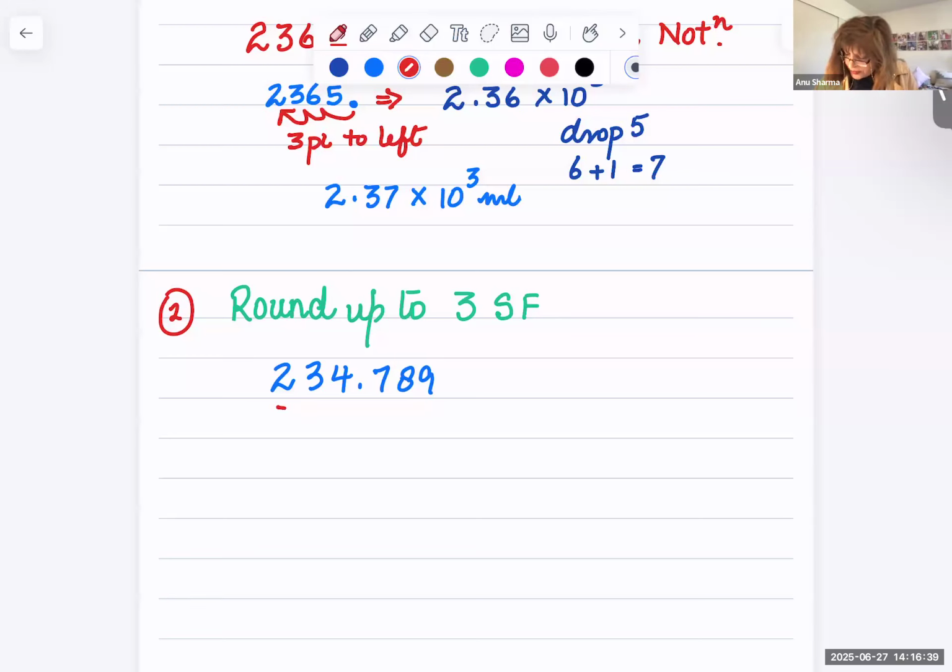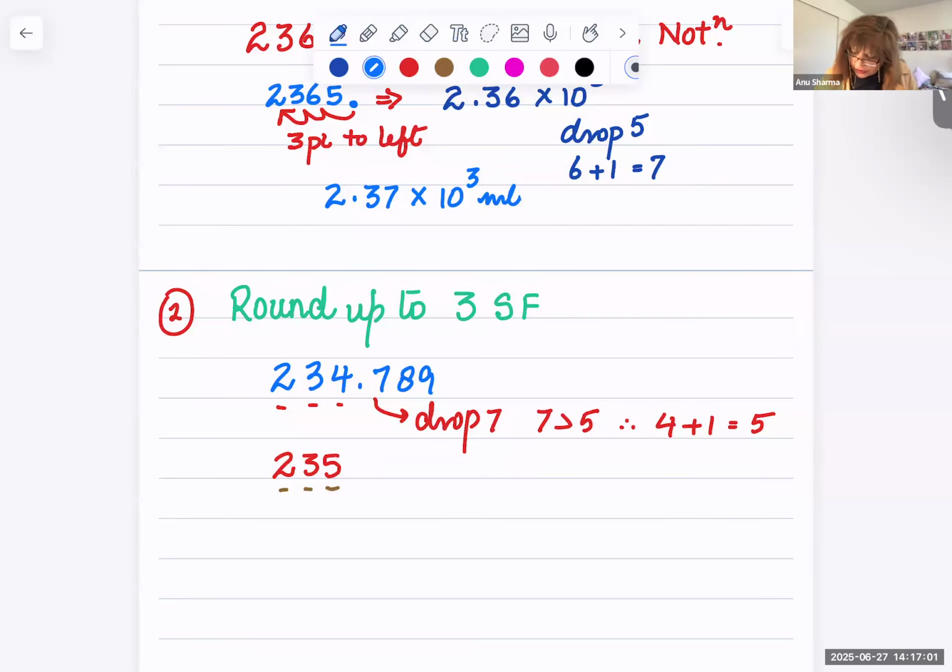That means we keep this and drop the 7. Since 7 is more than 5, you add 1 to the 4 and it becomes 5. So now this is the choice you will take: 235. That has the 3 significant figures. So this type of question.